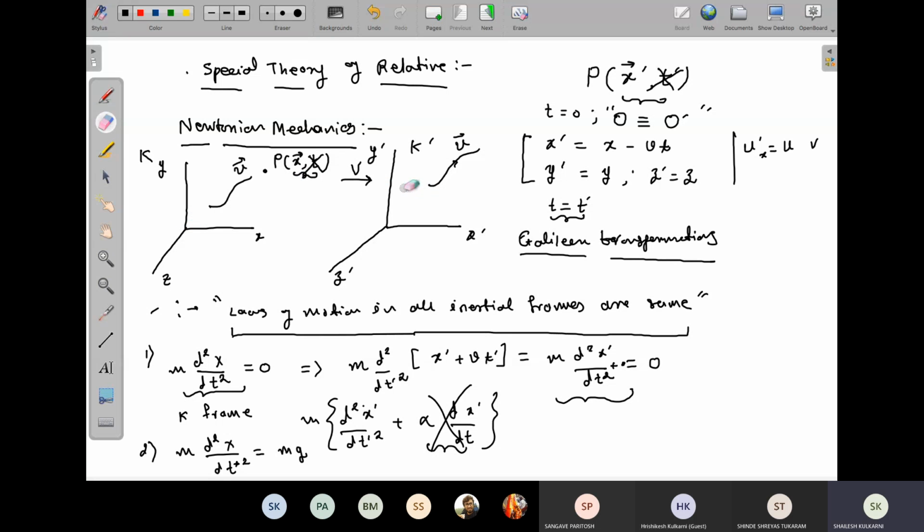If you transform that velocity vector from this frame to this frame, then there will be a minus plus sign. But now we are transforming from here to here. So this observer will see this velocity ux minus v, because v is along the x-axis, and y and z will remain same.